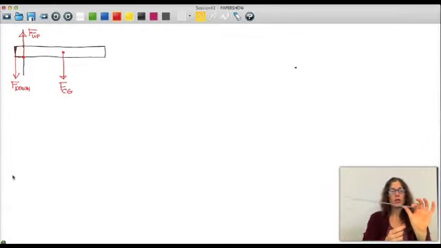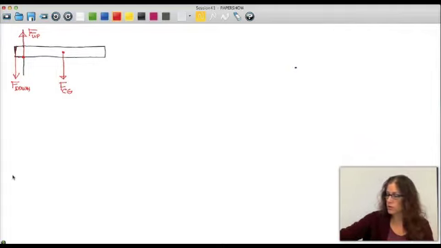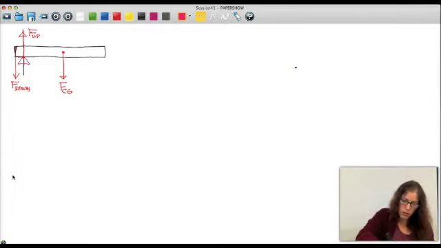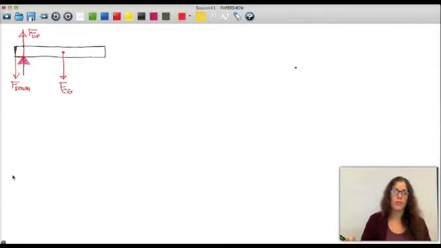So if this force is too big, it's going to go up. If this force is too big, it's going to go down. And the pivot is this force here. This corner of the shelf is going to always be what you're pivoting around. So that's where we're going to make our fulcrum, right there. Okay?